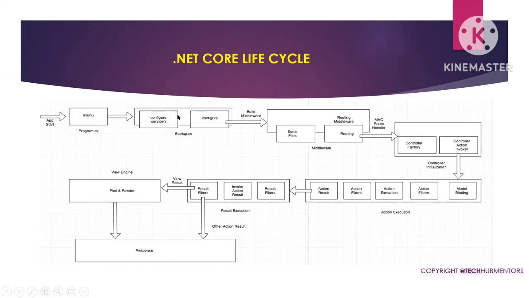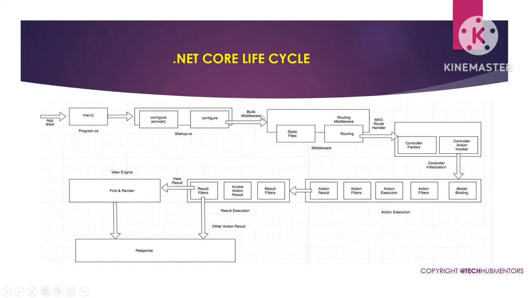In the startup.cs file, we have two methods: the ConfigureServices method and the Configure method. ConfigureServices will register all the dependencies in the DI container, the IoC container, and in Configure, it will use the middleware that I will explain in a minute.